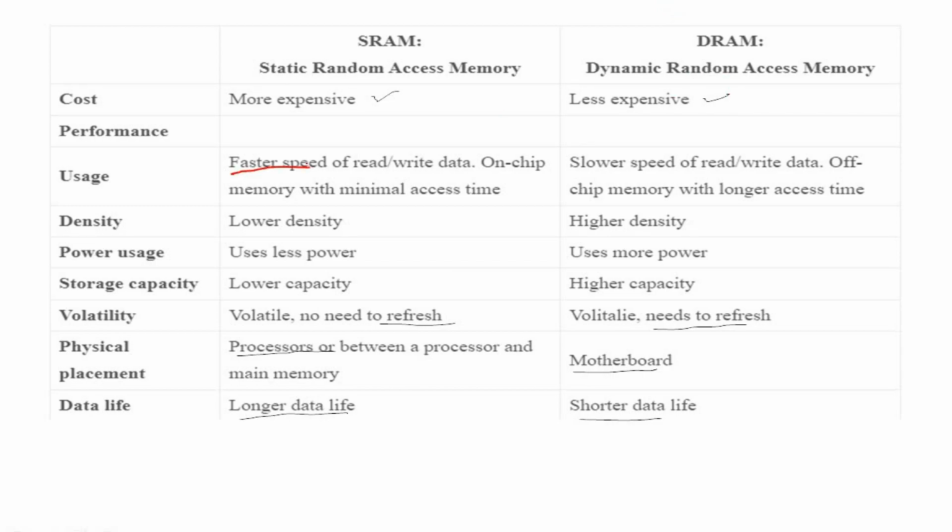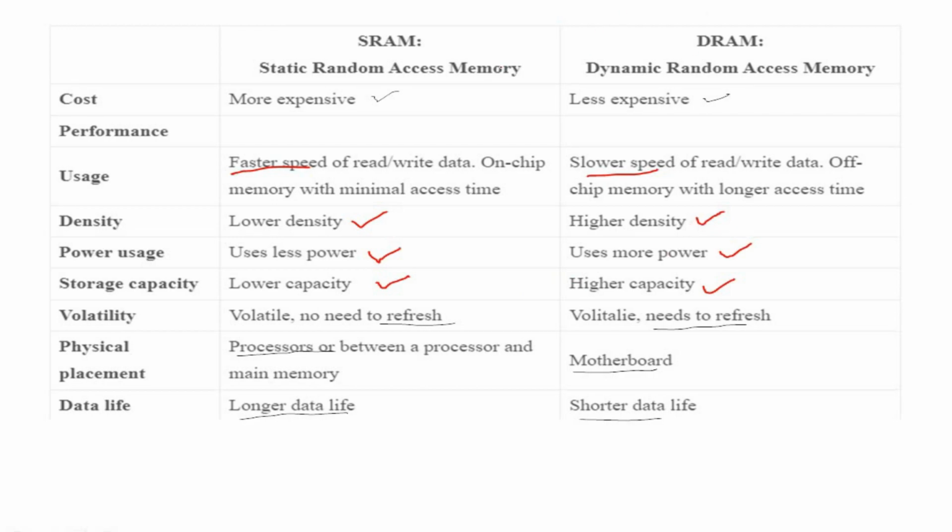Static RAM is faster compared to dynamic RAM, which is slower. Static RAM has low density, while dynamic RAM has higher density. Static RAM needs less power, whereas dynamic RAM needs more power. If we talk about capacity, static RAM has lower capacity and dynamic RAM has higher capacity.